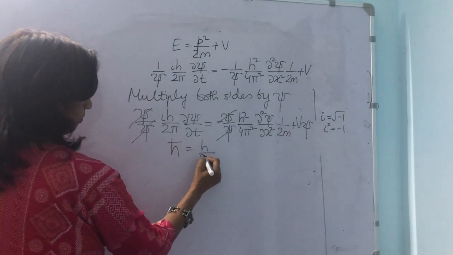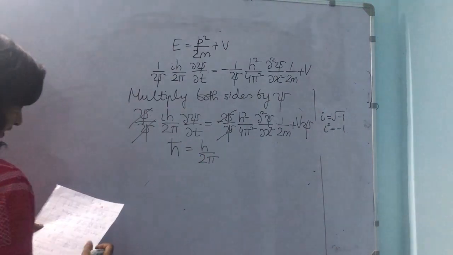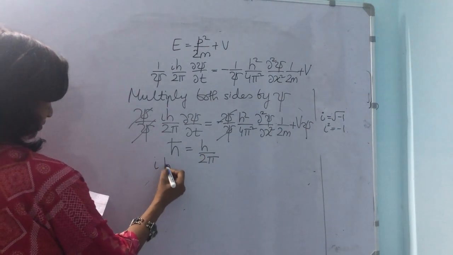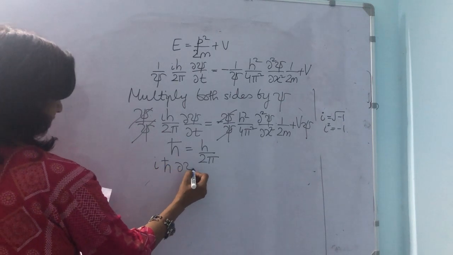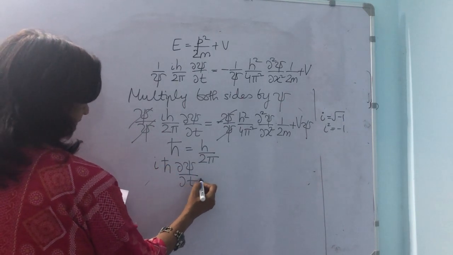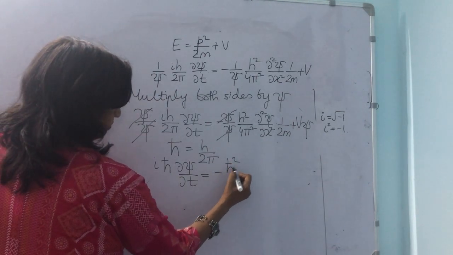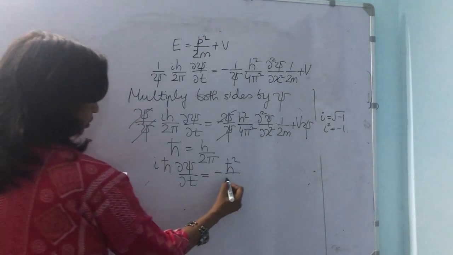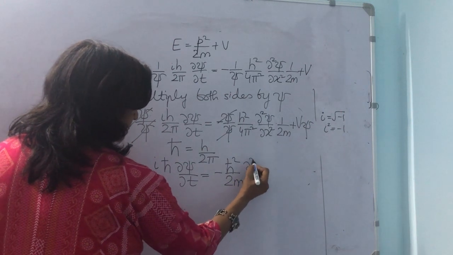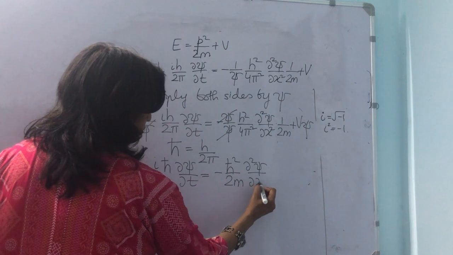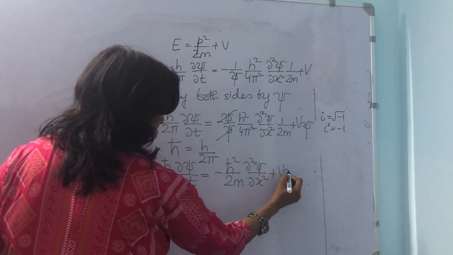We put h bar equal to h upon 2 pi. Then we get the expression as i h bar del phi by del t is equal to minus h bar square upon 2m del 2 phi by del x2 plus V phi.